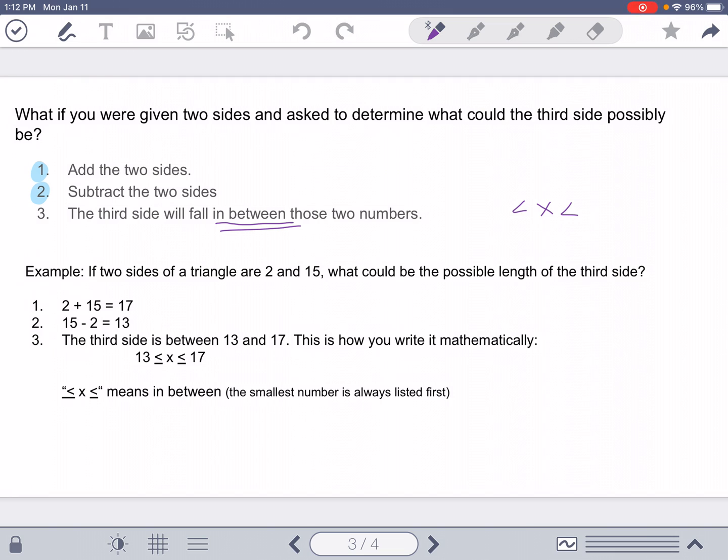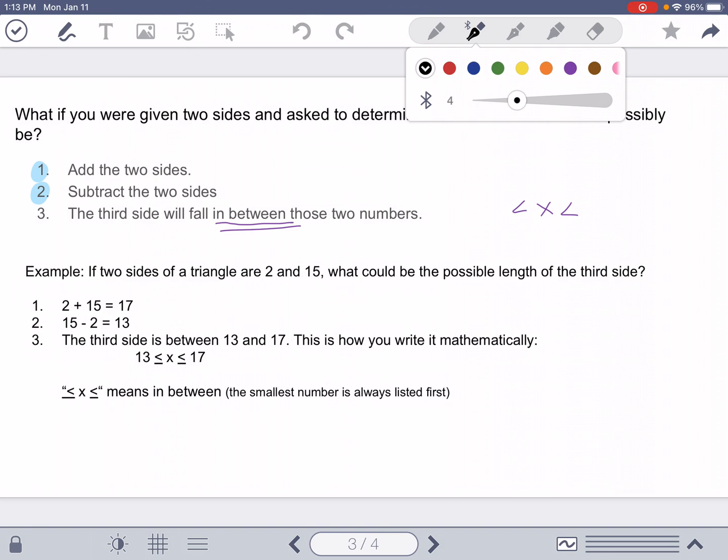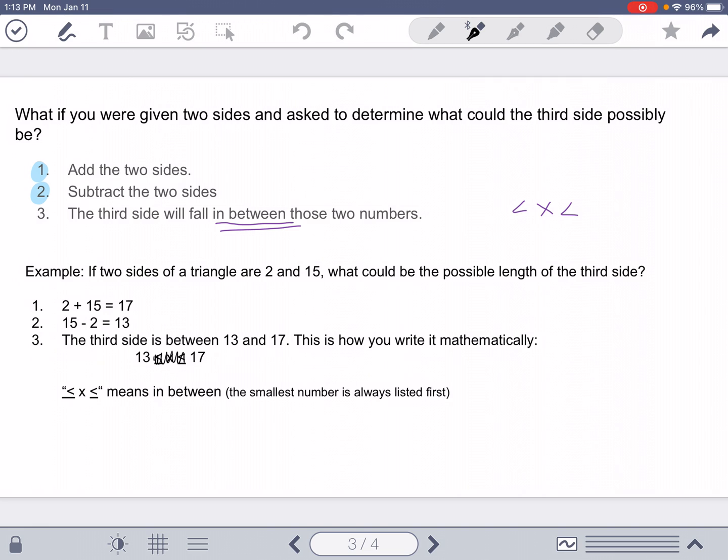So here's our example. If I have a 2 and a 15, what could be the possible length of the third side? There's a typo on my slide right here. It should say between. So 2 plus 15 is 17. 15 minus 2 is 13.